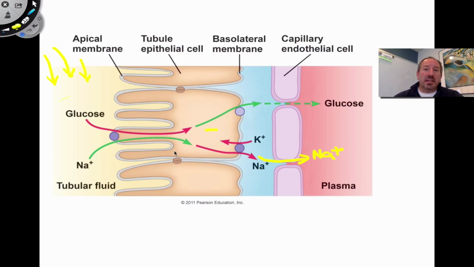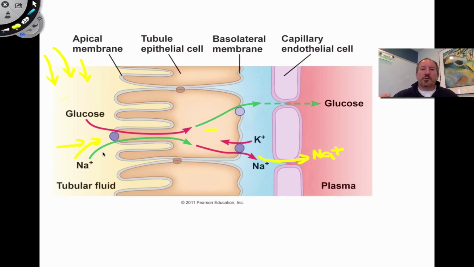And it's also making it slightly negative on the inside. And so what that's going to do is attract more sodium back out of the filtrate into the tubule and then back into the blood. So it actively pumps it out over here to draw more in. And you're like, well, that's a little weird. Well, one of the reasons why it draws it in is because there's this co-transporter that, when sodium goes in, it's sort of like those revolving doors when you go into a big hotel or a big office building.